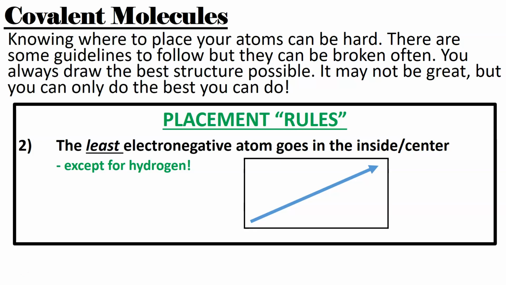If the more electronegative elements are on the outside, the electrons have more elbow room. They're able to spread out more. They're not going to feel as crowded, and you're going to minimize the repulsions. So you want to put the least electronegative in the middle of the molecule so that it's not pulling those electrons inwards.